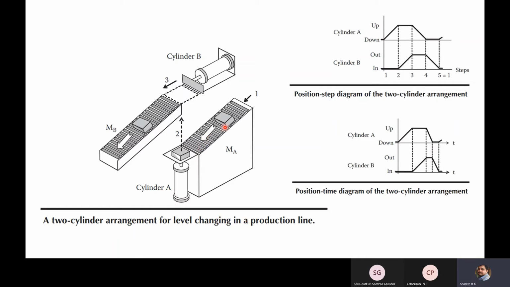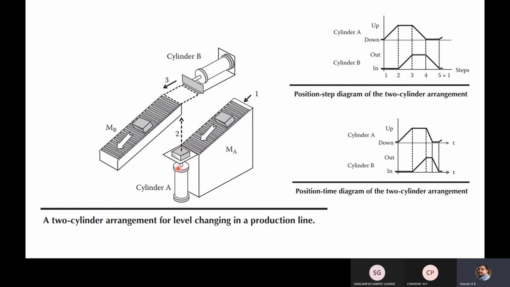Suppose there are 2 conveyor belts, and materials are moving on the 2 conveyors. The heights of these conveyors are different. The first conveyor is at a lower position, whereas the other conveyor is at a higher position.